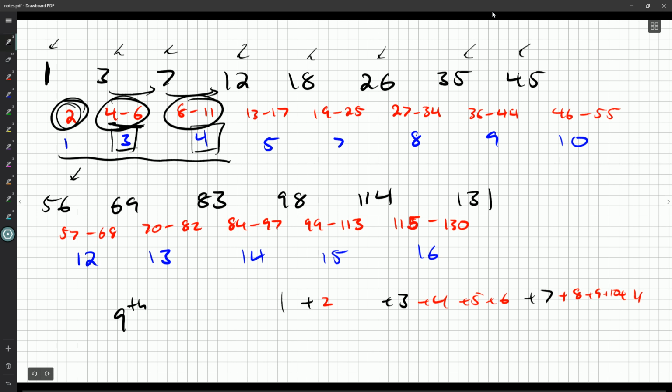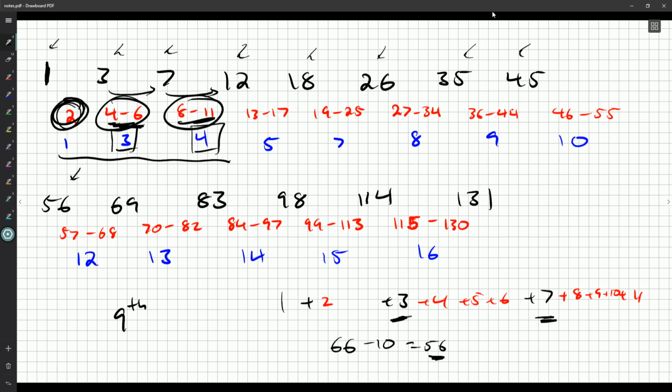We can say it's the sum of the numbers from 1 up to 11 and remove the 3 and the 7 that aren't needed to be added on. We're just adding up 2, 4, 5, 6, 8, 9, 10, 11 numbers in these ranges. And if we add up all the numbers from 1 to 11, you get 66. More on that in a moment. And you subtract off 3 and 7, you get 56.